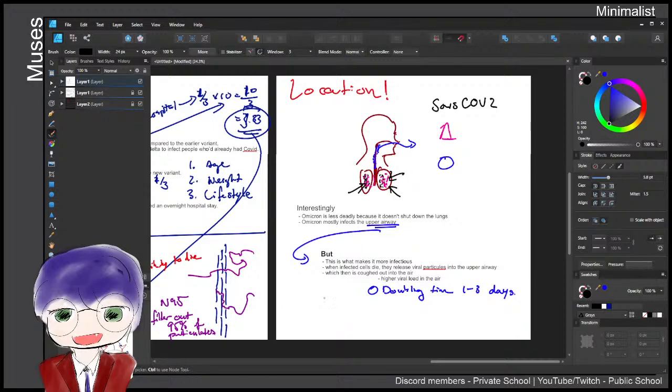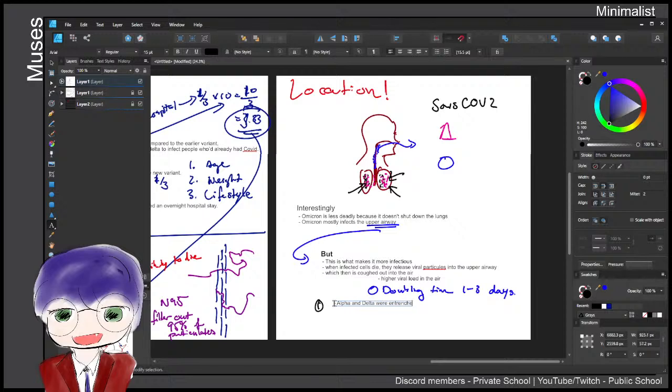And actually, let me just do this. Alpha and Delta were entrenched in, let's call it wet alveoli. More difficult for them to generate droplets that can be spewed into the air.